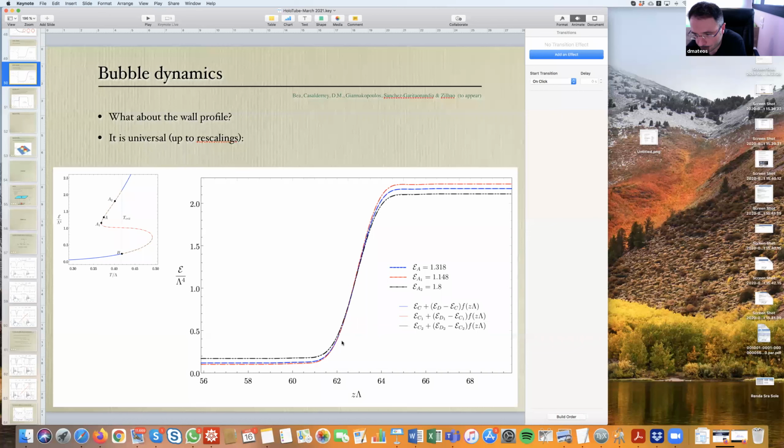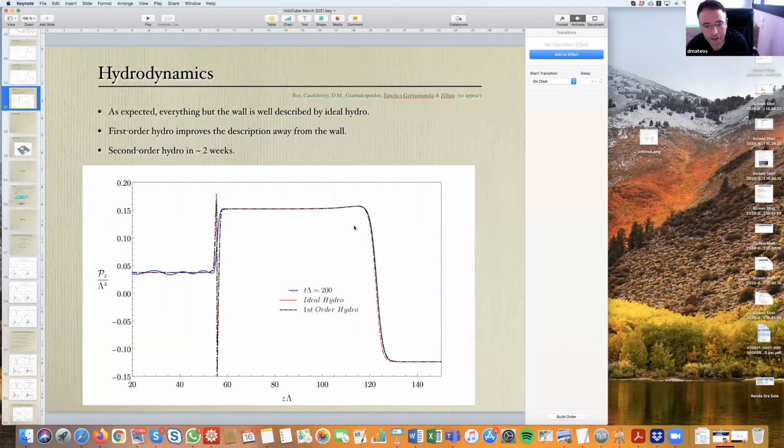Given the wall velocity, you will get different relations between the energy density here and here, this jump, and so on. But my point is that hydrodynamics in this region and in this region, together with these matching conditions, is still not enough to determine the wall velocity.